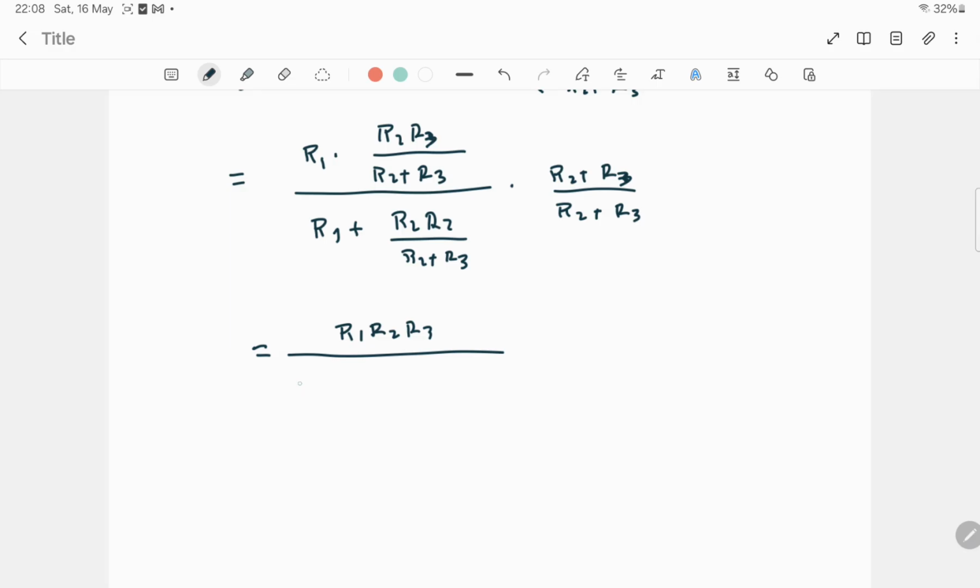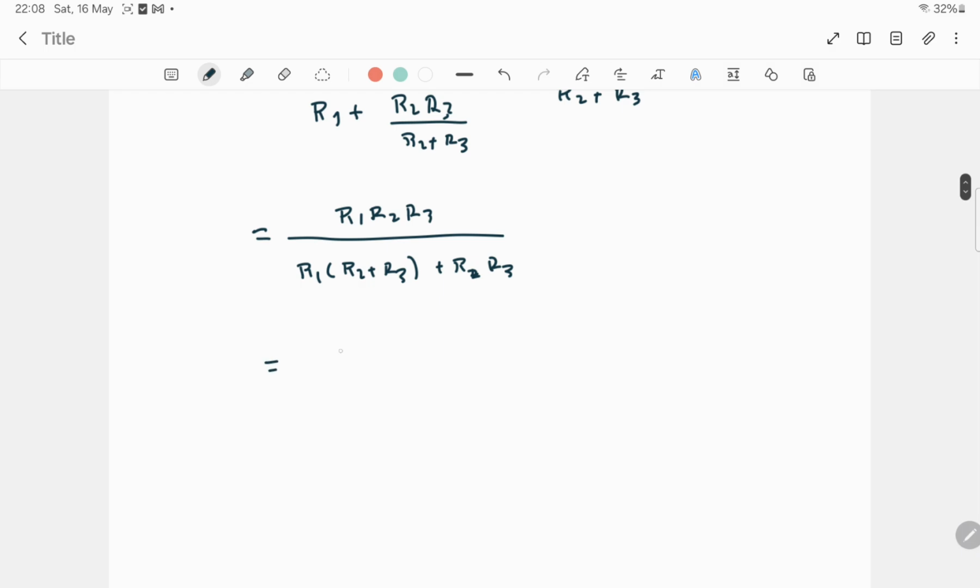And in the denominator we have R1 times R2 plus R3 in brackets plus R2 R3. So that one gives you in the numerator R1 R2 R3 over R1 R2 plus R1 R3 plus R2 R3.